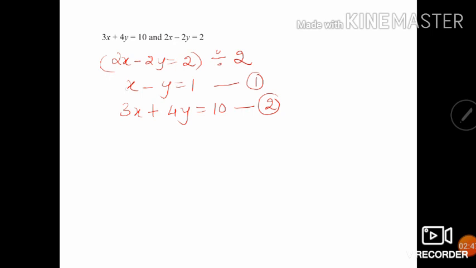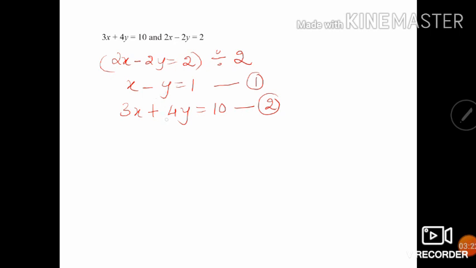Now we have to make the coefficient of x in both the equations same, or we could make the coefficients of y in both the equations same. It is always better to add the equations to eliminate. So in this case, if I make the coefficient of y 4 in equation 1, then I simply need to add the two equations because their signs are different.